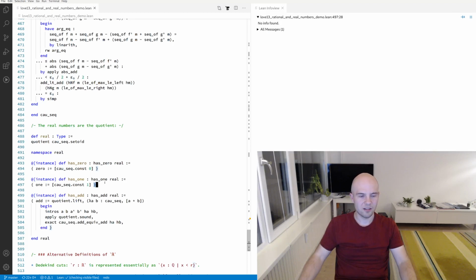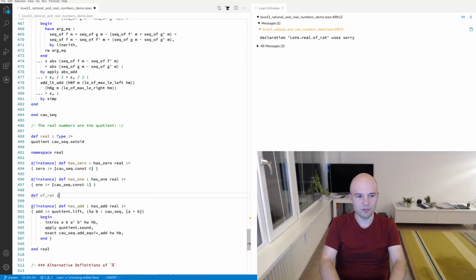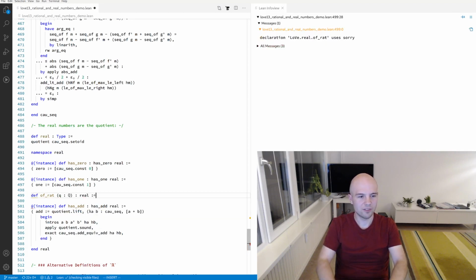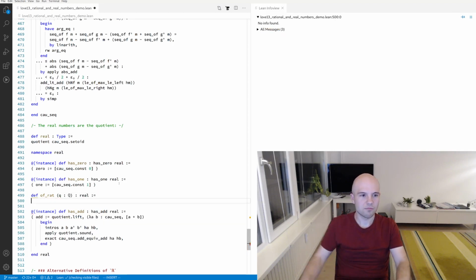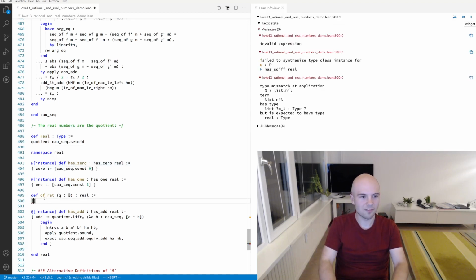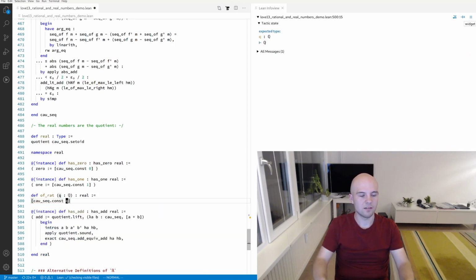Well, we also get a function that actually goes for every rational number to the real. We don't have notation for this yet. So not only do we have it for 0 and 1, we actually get it for every rational number.